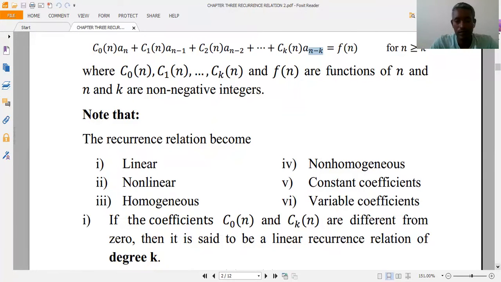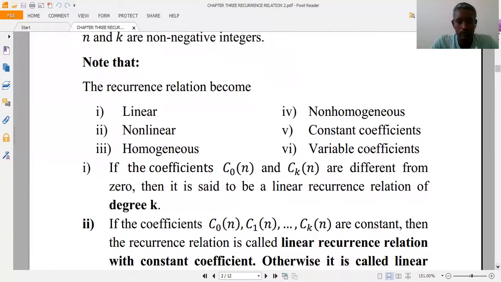It may be linear with constant coefficient. It may be homogeneous. It may be nonlinear, non-homogeneous, constant coefficient, or it may be linear, homogeneous, and variable coefficient. So a given recurrence relation may have more than two categories.